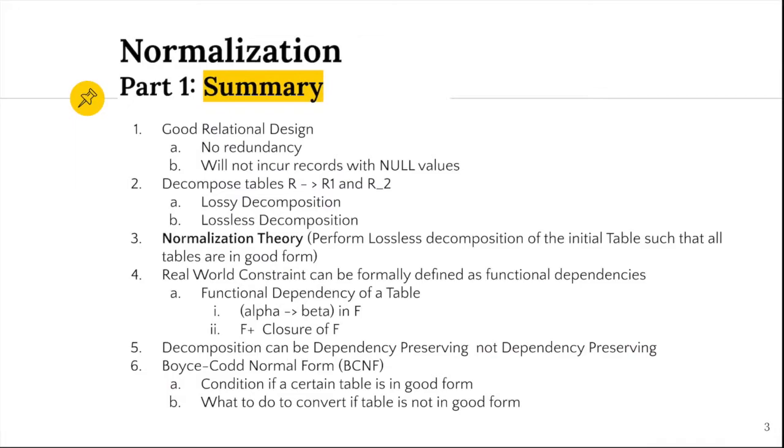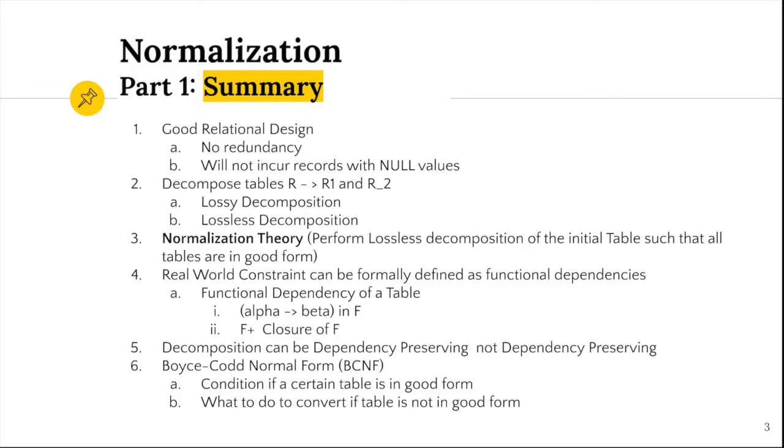Next, whenever we characterize the data in the real world, we have known constraints, and these can be formally defined as functional dependencies. These functional dependencies, you can also think of as just some relationship between a set of attributes alpha and beta. And this functional dependency is in fact very related to the idea of superkeys.